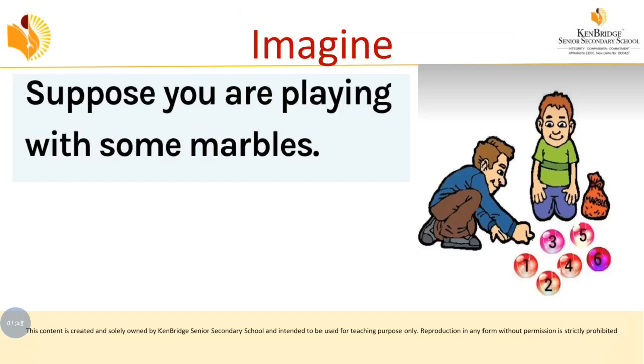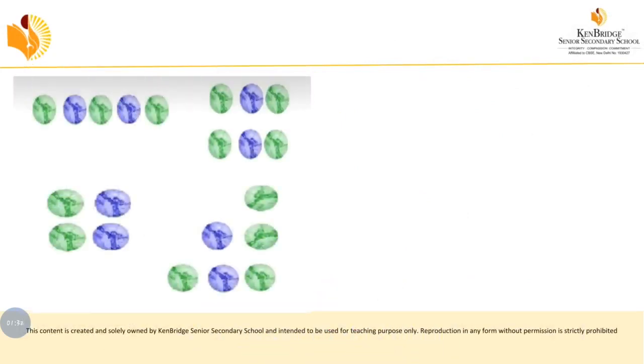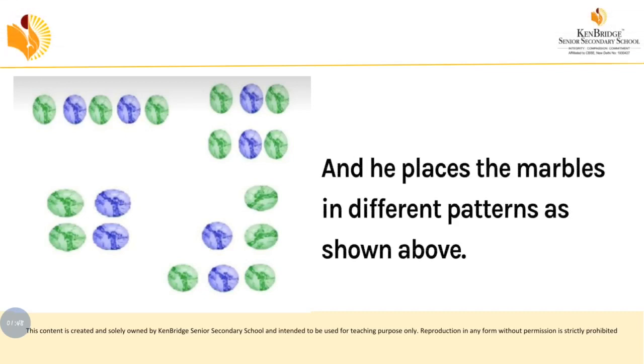So one of your friends starts making some geometrical shapes. Here I have shown geometrical shapes that were made by your friend. They are making some geometrical shapes using these marbles, and he places the marbles in different patterns, as I have shown here.